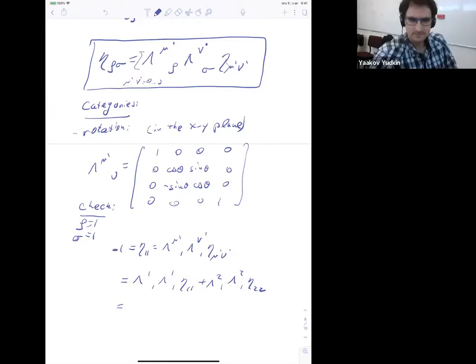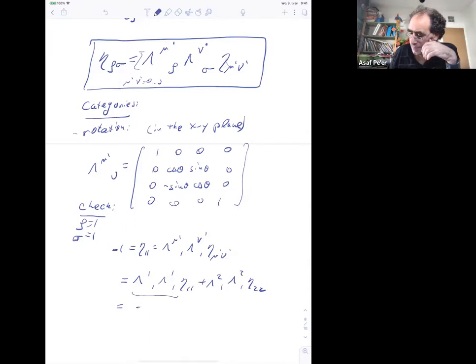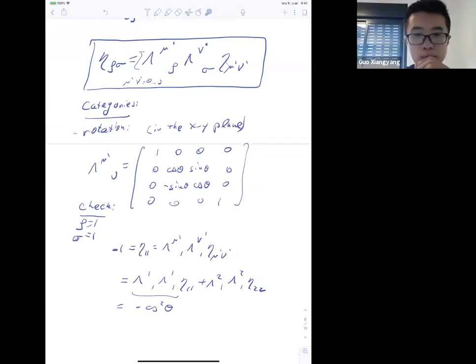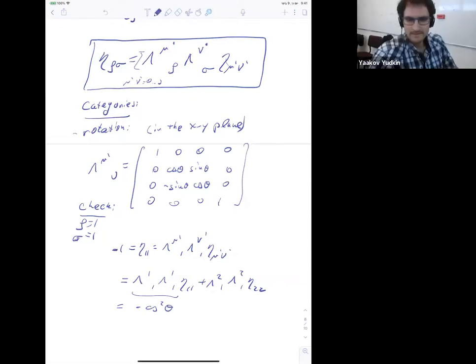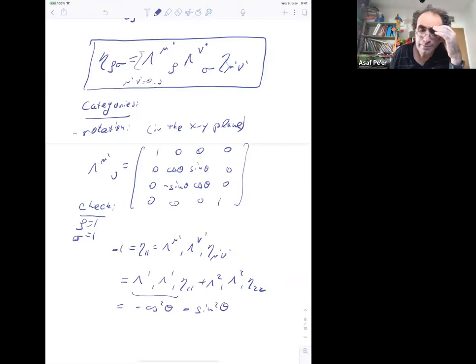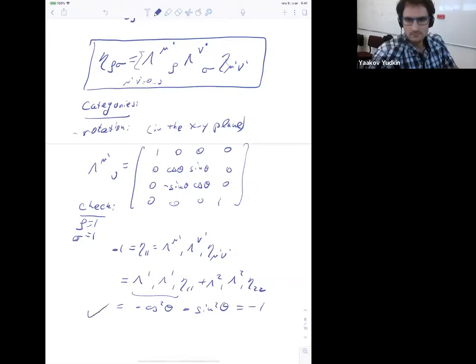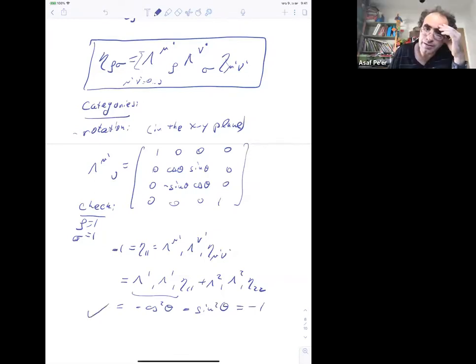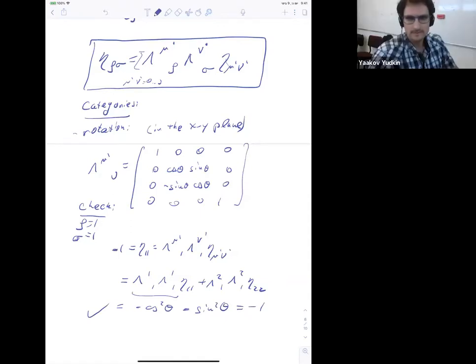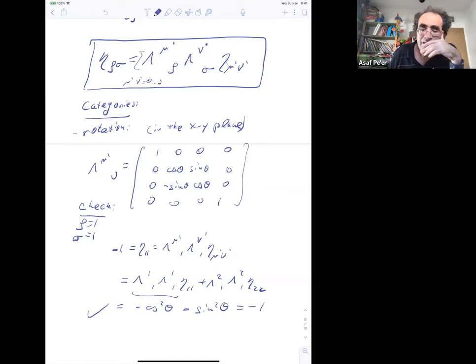So from this term we get minus cosine squared theta. What about this one? What is lambda 2, 1 times lambda 2, 1? Minus sine squared, and then we get another minus sign from the eta. So we get minus sine squared theta, with another minus 1 from the eta.